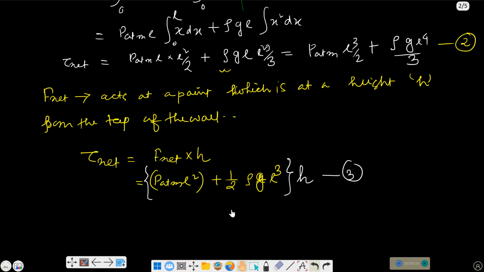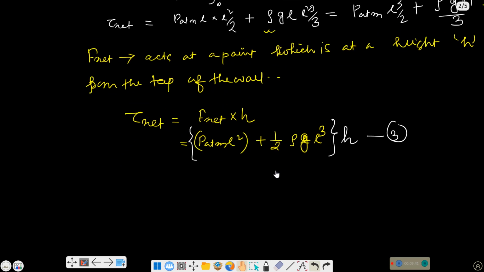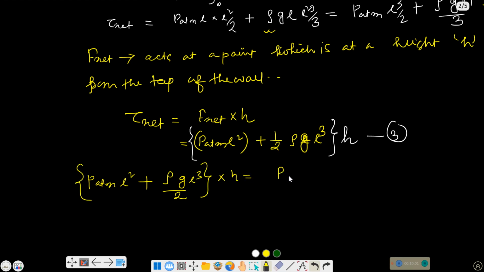Equating equation number 2 and 3, what we have is P atmosphere L square plus rho g L cube by 2, into h, should be equal to P atmosphere L cube by 2 plus rho g L to the power 4 by 3.